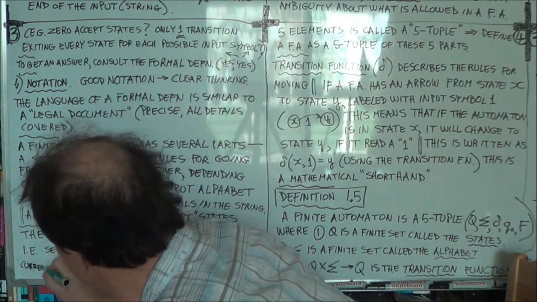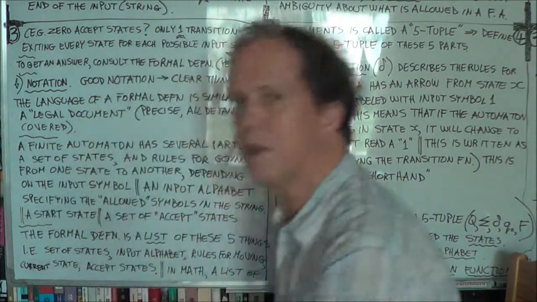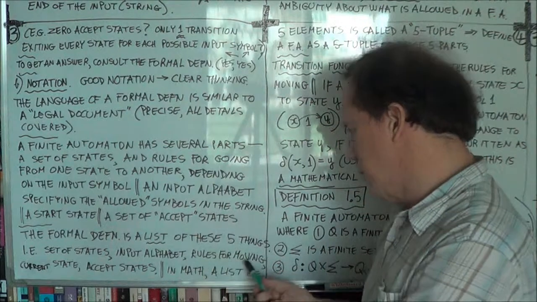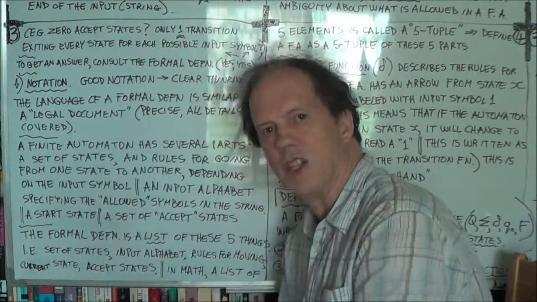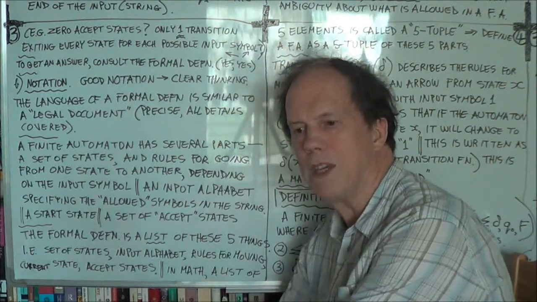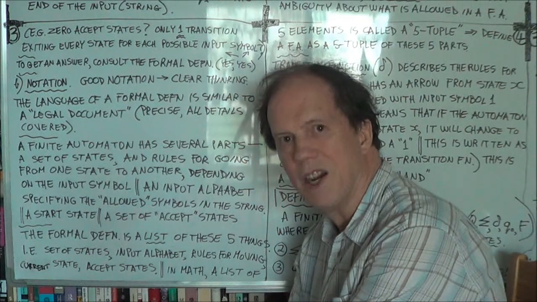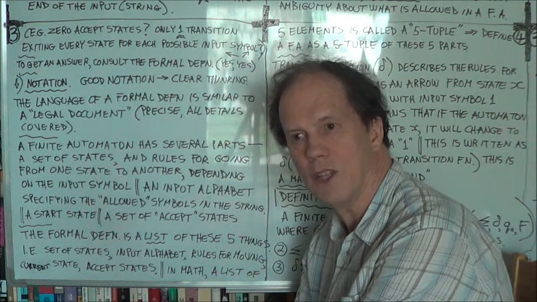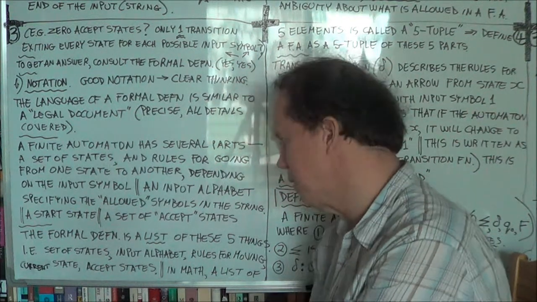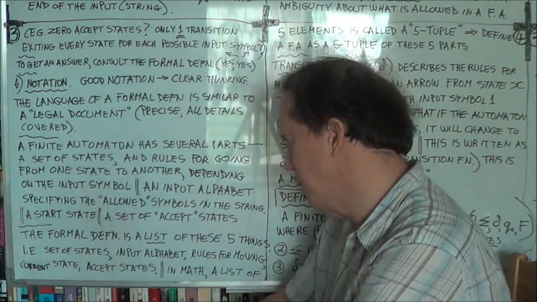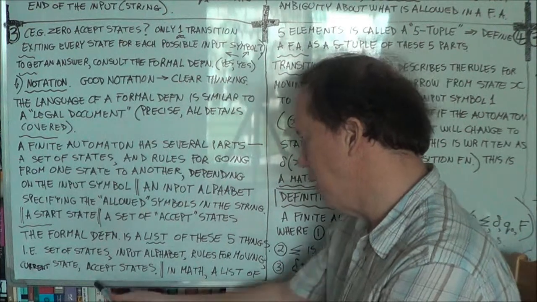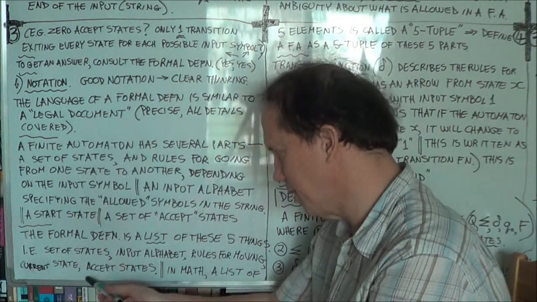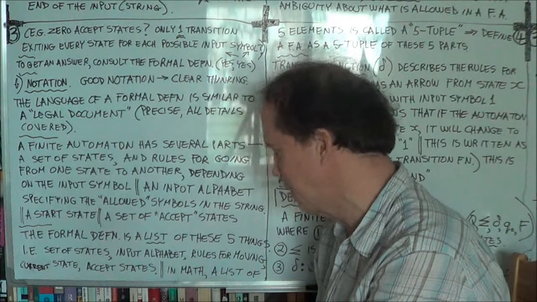In other words, the rules for making a transition from your current state to the next state. So the state transition table, in other words. That's your third thing.